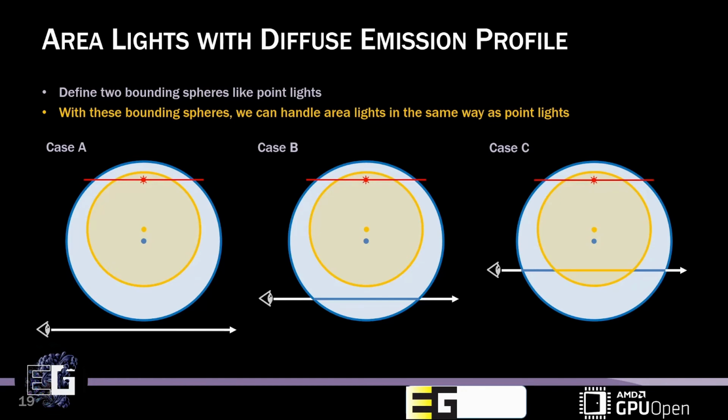And with these 2 bounding spheres, we can handle area lights in a similar way to point lights, considering the same 3 cases. Again, in each figure, the blue sphere shows the outer bound, which represents the stochastic acceptance range, and the orange sphere shows the inner bound, which represents the 100% acceptance range.